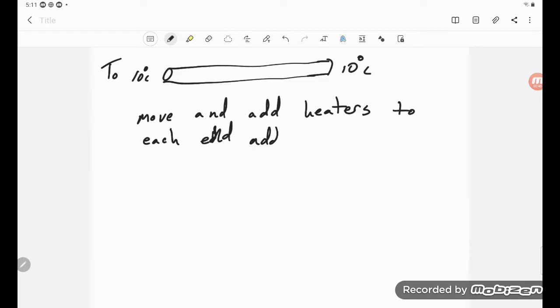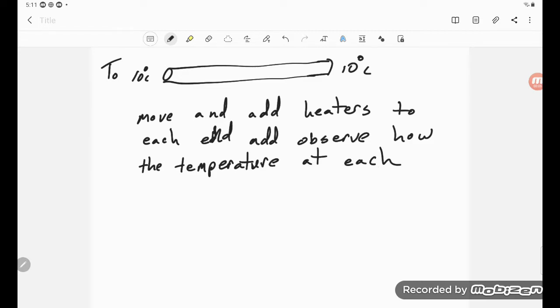And observe how the temperature at each point along the rod changes over time.